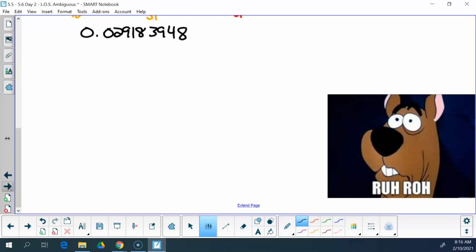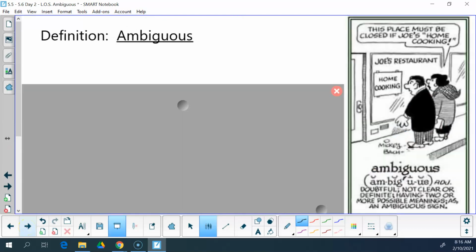Okay, so this is where the ambiguous case comes in. Again, the definition of ambiguous is it's open to more than one interpretation, open to more than one definition.